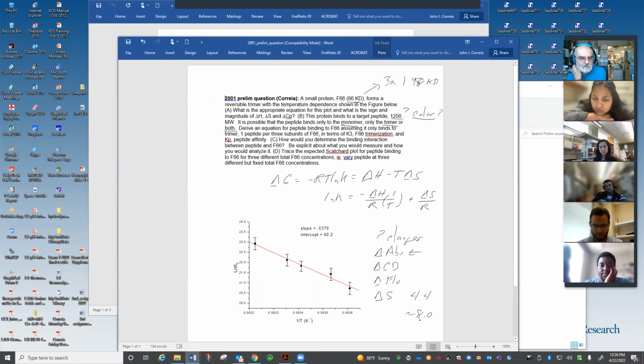The fact that it's 8 tells you something about a shape. Maybe there's a shape factor in here. But maybe you could see an equilibrium between a 4S and an 8S species. And then you do the experiment in the presence of the drug, the small molecule, and the reaction shifts, favoring monomer, favoring trimer, or both. And then if it binds to both, then there's no necessary influence of the drug on the reaction.